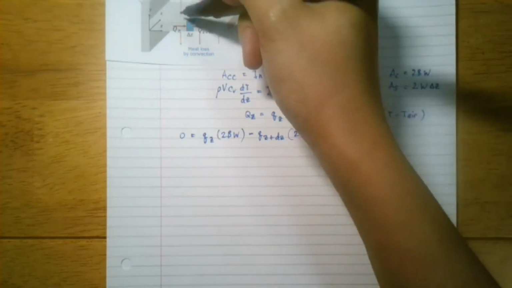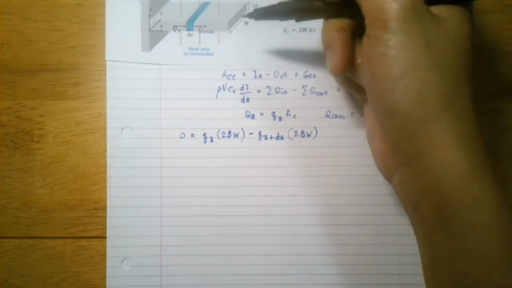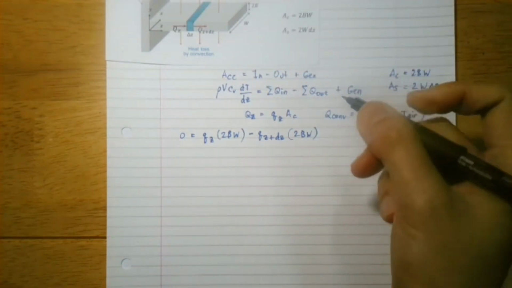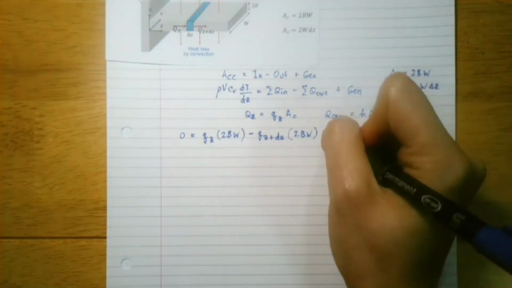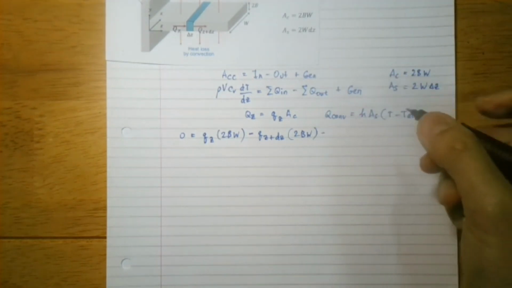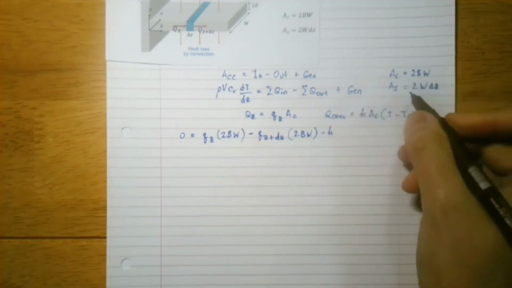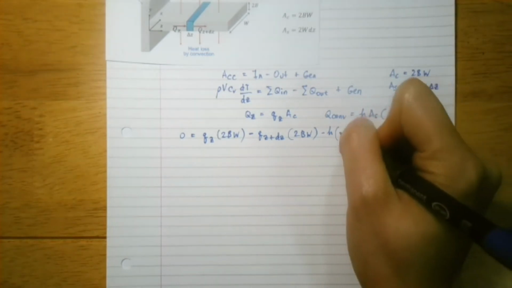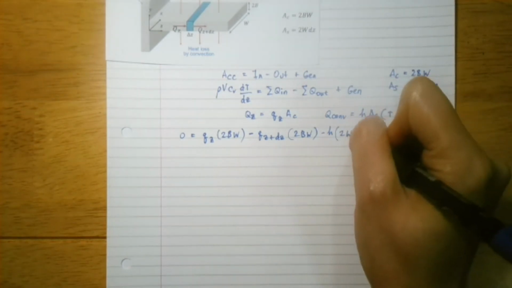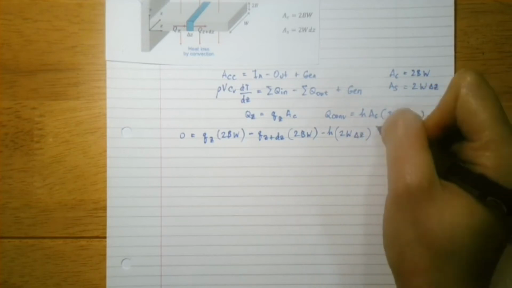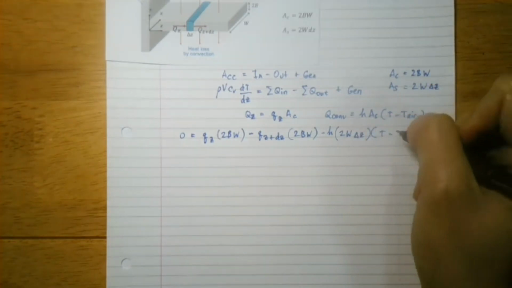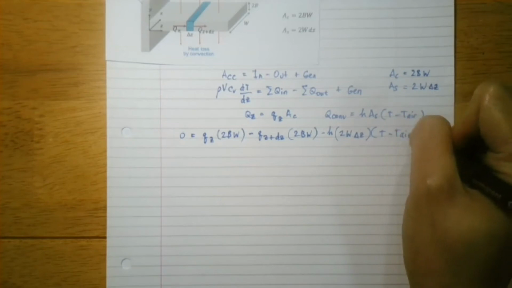And then we also have heat loss due to convection. Okay, and this is that. So we'll have minus H. Okay, so AS is 2W delta Z, times T minus T air.